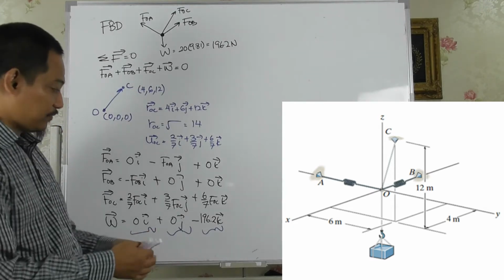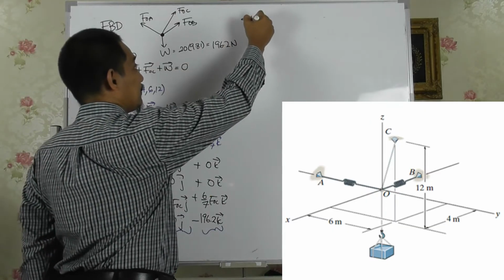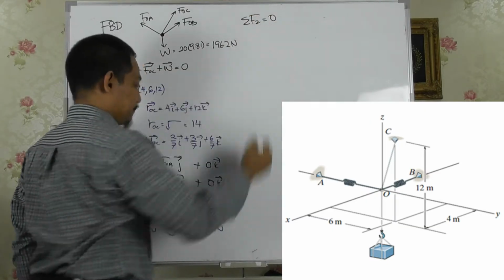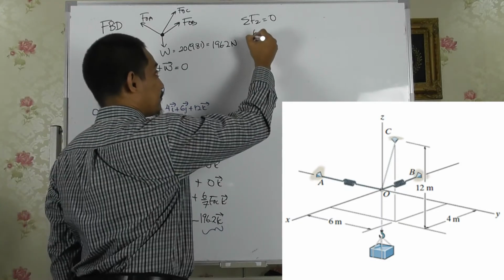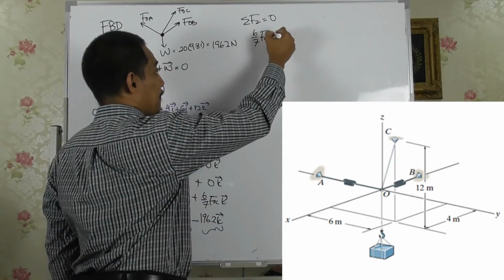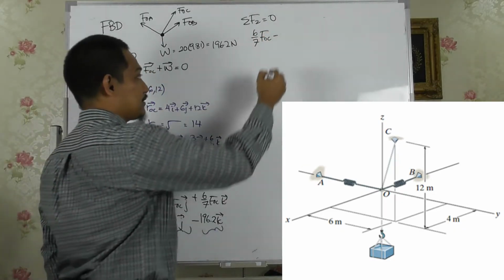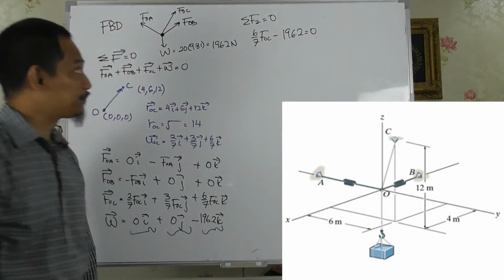Right, why not do that? So if you do summation of Fz equal to 0, then you add all of this, it should equal 0. So 6 over 7 FOC minus 196.2 should equal 0.